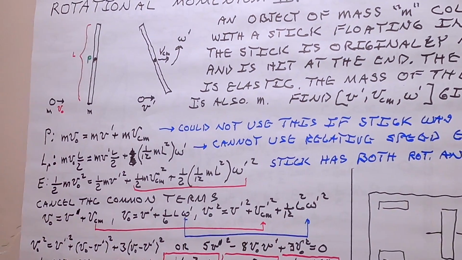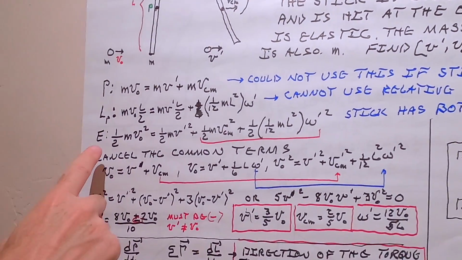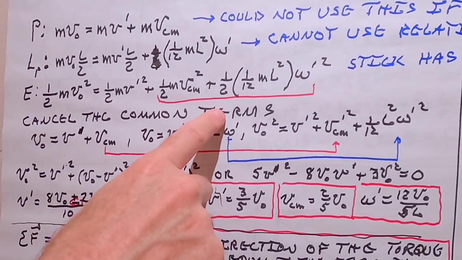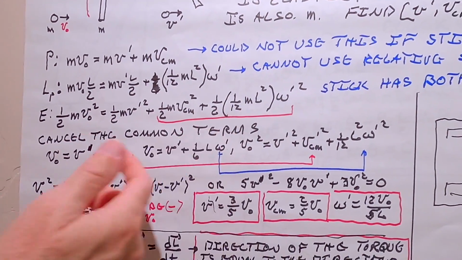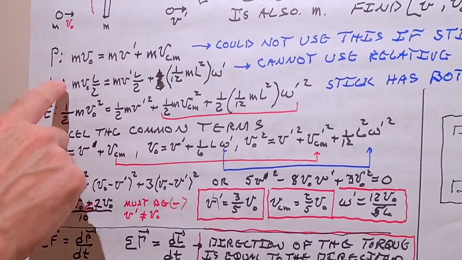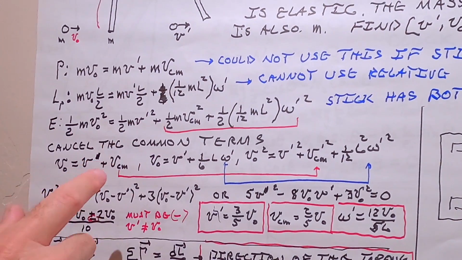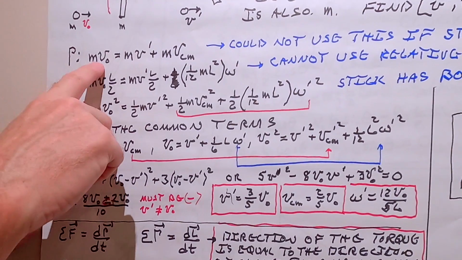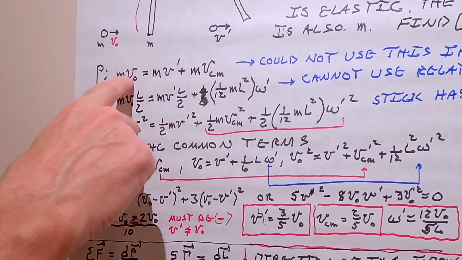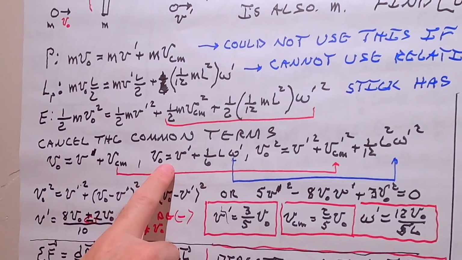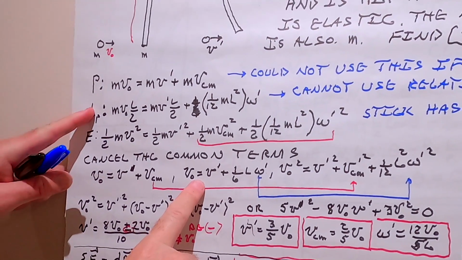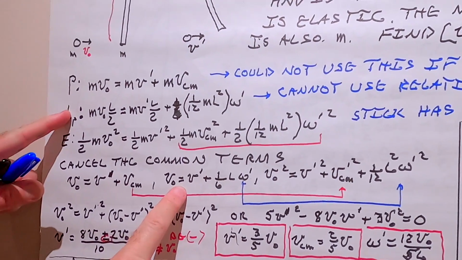Okay, so now all I have to do is cancel the common terms. They all have 1/2s in them, and they all have m's. I can cancel the m and a 2 out of this. So this equation just becomes V naught equals V prime plus V center of mass. In this equation, I canceled an ml over 2.